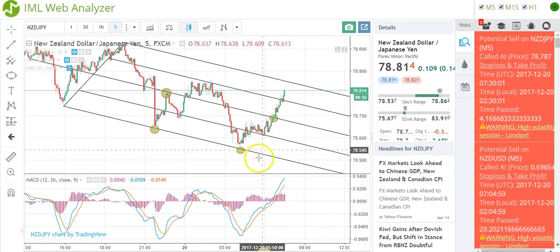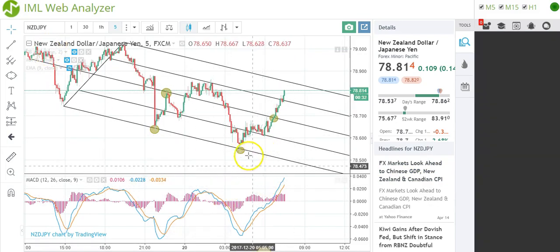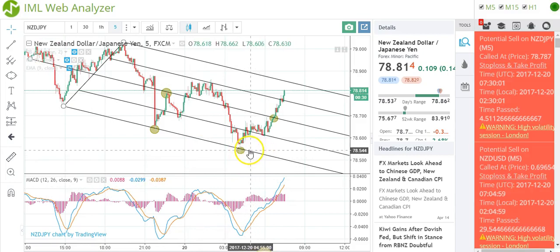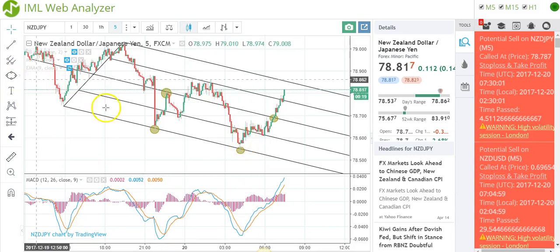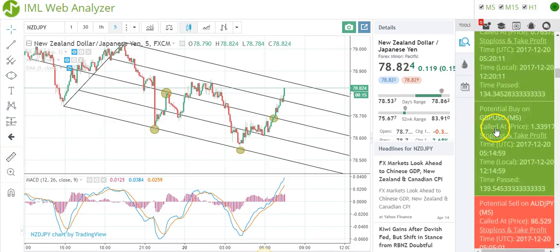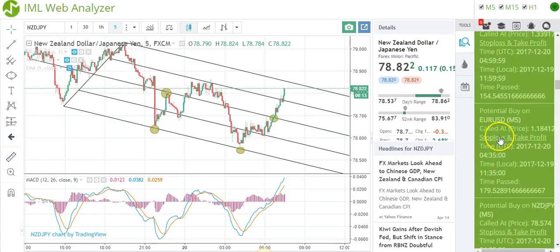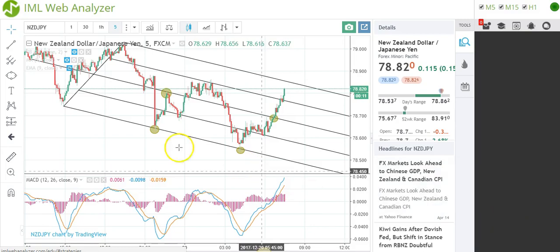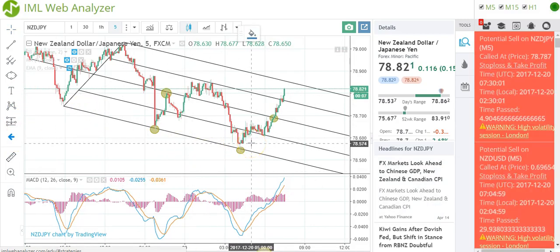Off this current trade, the NZDJPY, the web analyzer called this trade right after it hit the median and the parallel, went up green, and pulled back in red. This is where it was called at 425. Let's get the exact entry: 78.574.